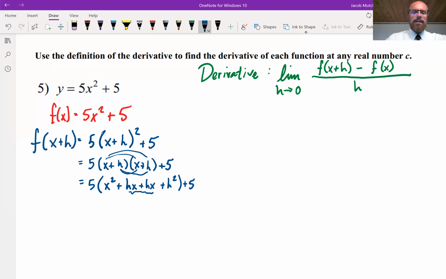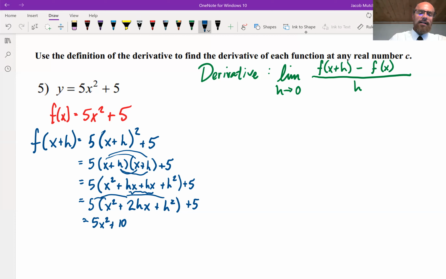And then we can simplify this down a little bit. It's 5 times x squared plus, there's 2 of those hx's, so I'm going to call it 2hx plus h squared plus 5. And at that point, I could distribute this first 5 through that trinomial. So that's 5x squared plus 10x, or hx, plus 5h squared plus 5. So that's what we'll use when we substitute in f of x plus h. We've made it into a polynomial.